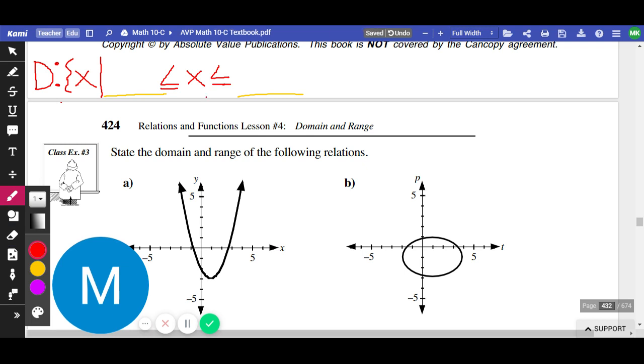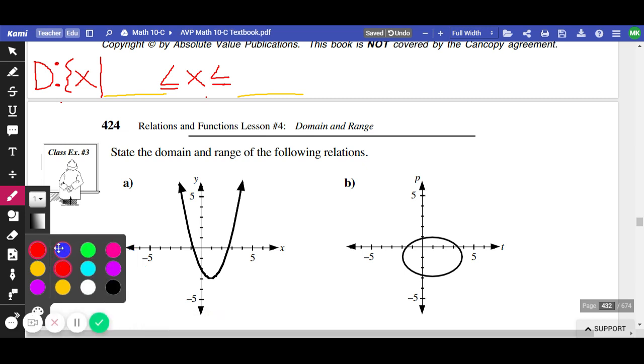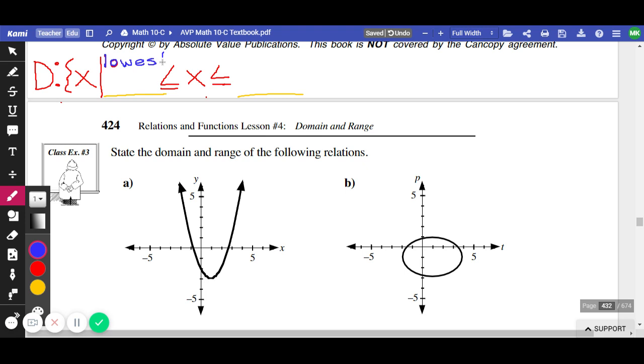What we're doing is we're telling people the boundaries that the x values have to stay in between. The first number is the lowest boundary. I'm just going to say the lowest x value. It's also the furthest left on a graph, because we usually do this stuff for graphs. The first blank, you put the lowest possible x value.